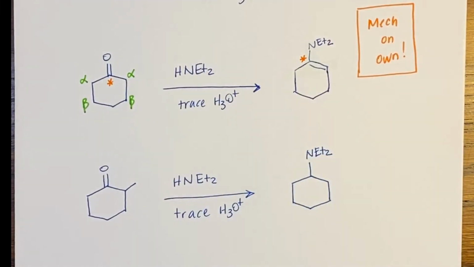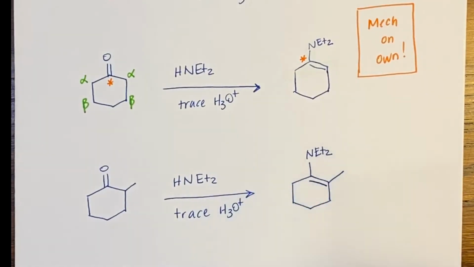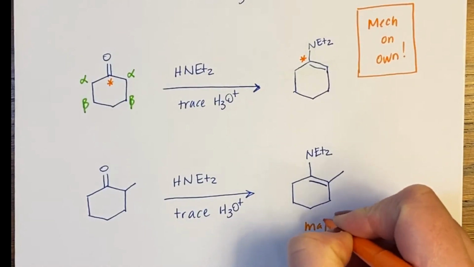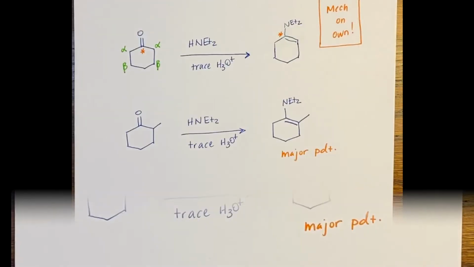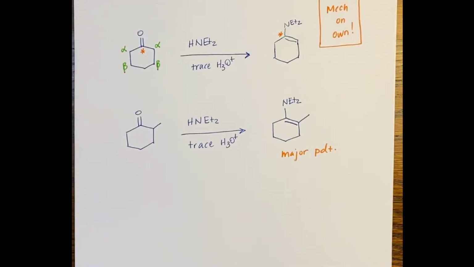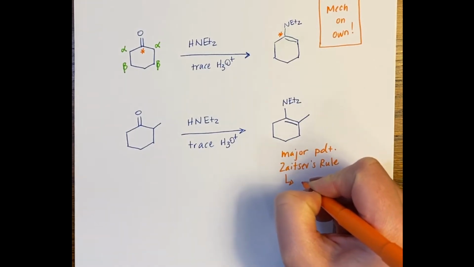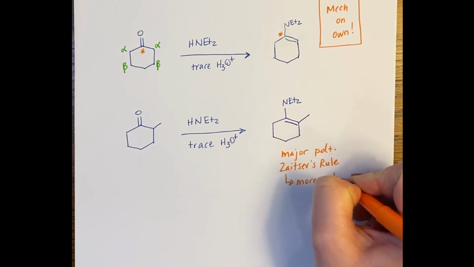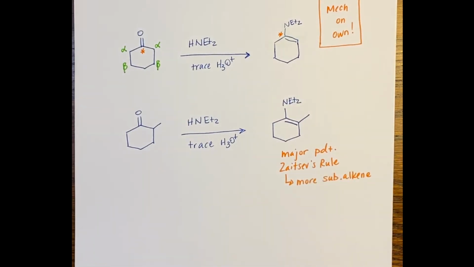Do you know? In this case, the double bond would form there. This would be the major product that I isolate out of the reaction, and this is the product that's consistent with Zaitsev's rule. Remember that Zaitsev's rule tells us that we're going to form the more stable or the more substituted alkene as the product of this reaction.